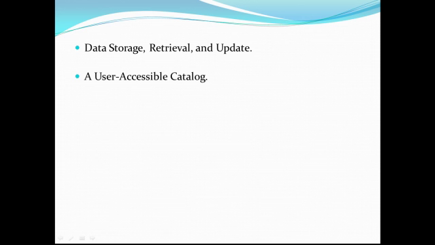A user accessible catalog. A DBMS must furnish a catalog in which descriptions of data items are stored and which is accessible to users. A key feature of the ANSI-SPARC architecture is the recognition of an integrated data dictionary to hold data about the schema, users, applications, and so on.